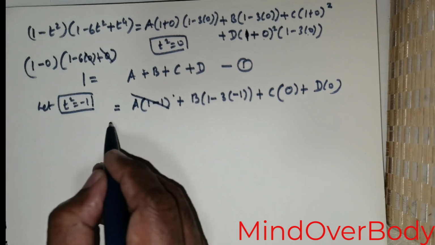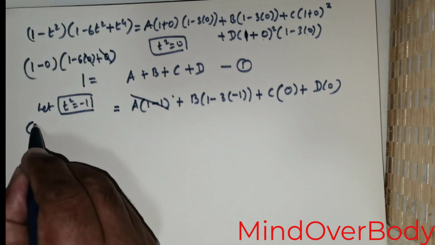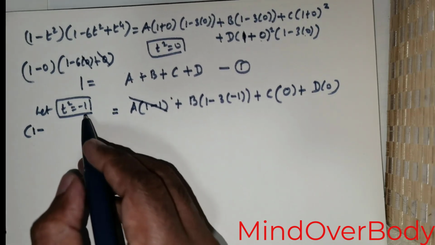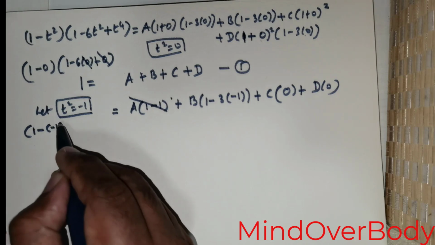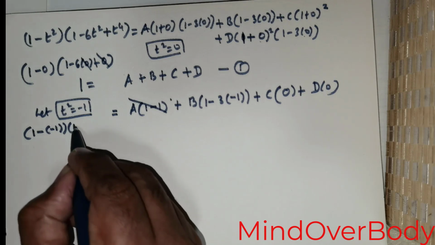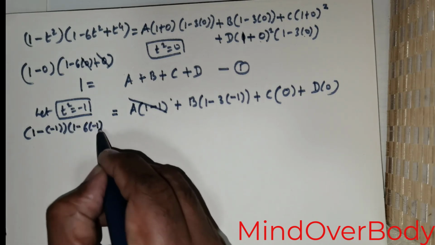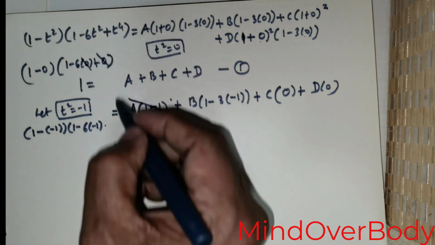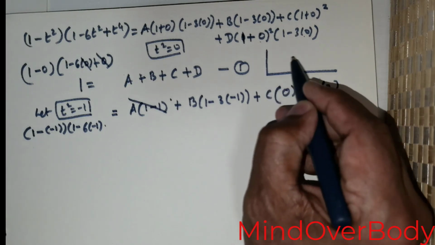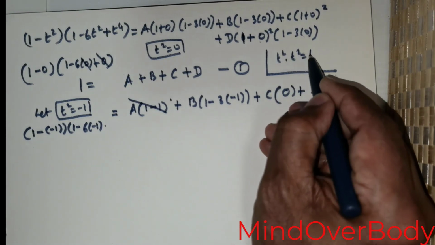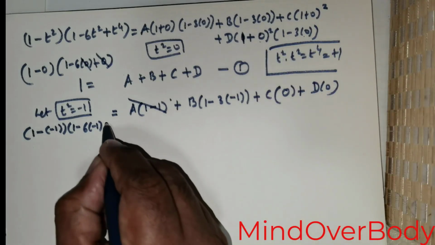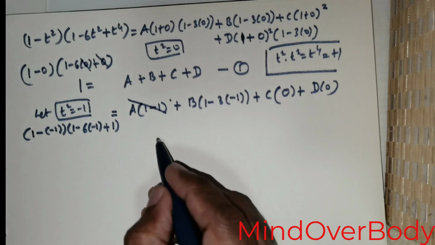On the left hand side, I need to substitute as well, so it's going to be 1 minus t squared, and my t squared value is negative 1, followed by 1 minus 6 times negative 1, followed by t squared times t squared, which is actually t to the power 4. So let me show you that. t squared times t squared is t power 4, so that will give me positive 1 for this quantity.